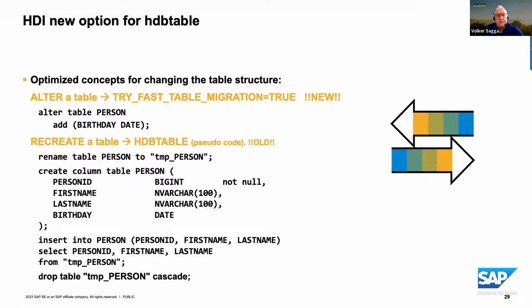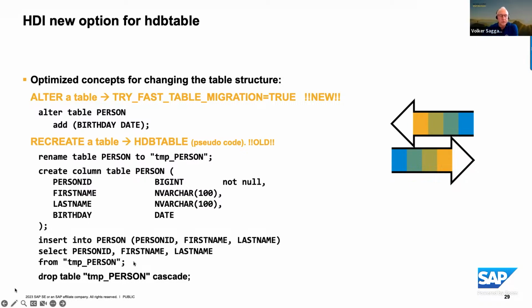So this is a summary here. You will get an alter table for birthday, and this is a little bit of pseudocode. This is the way we did it before, and you see we have an insert operation here.